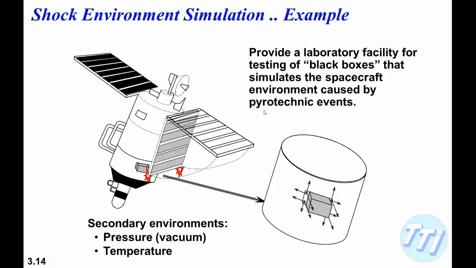So this causes significant shocks, high frequency shocks, and the electronics and other things that are in the area of the explosive have to survive. Again, the secondary environments are pressure, in this particular case vacuum when it's already in space, and temperature, which is going to be cycling depending on where we are in orbit, whether we're in the Earth's shadow or not.